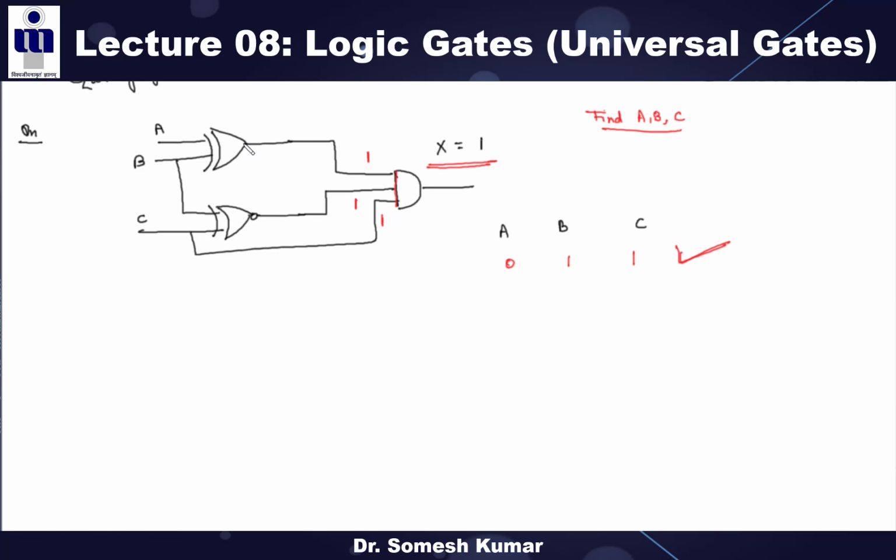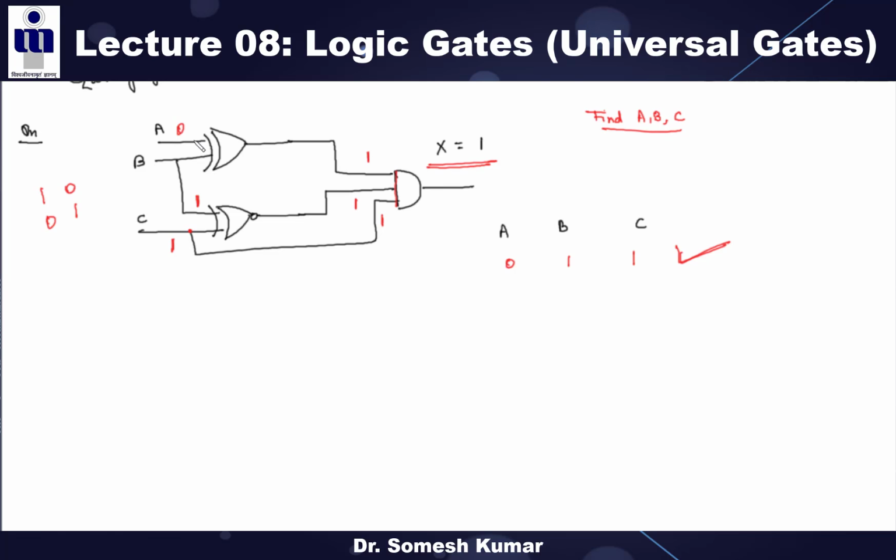And in the XOR gate, output is 1 when both inputs are different, maybe 0 and 1 or maybe 1 and 0. But in the XNOR gate, when the output is 1, both are same. So the C is already 1, calculate, and then B is also 1. So A may be 0, right? So these simple questions can be asked in the exam, right?